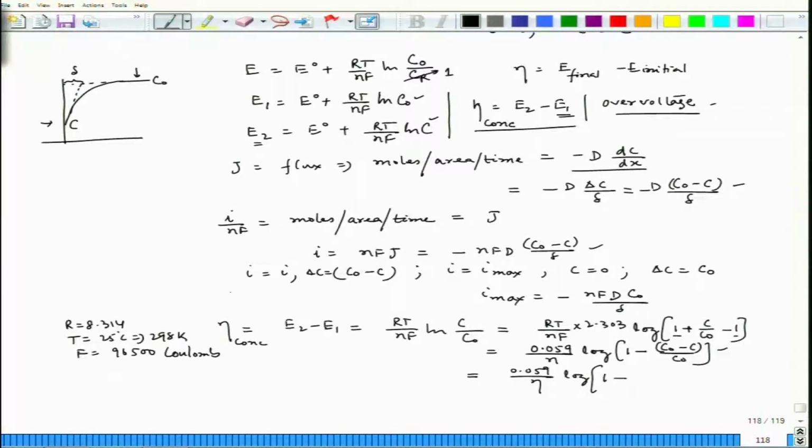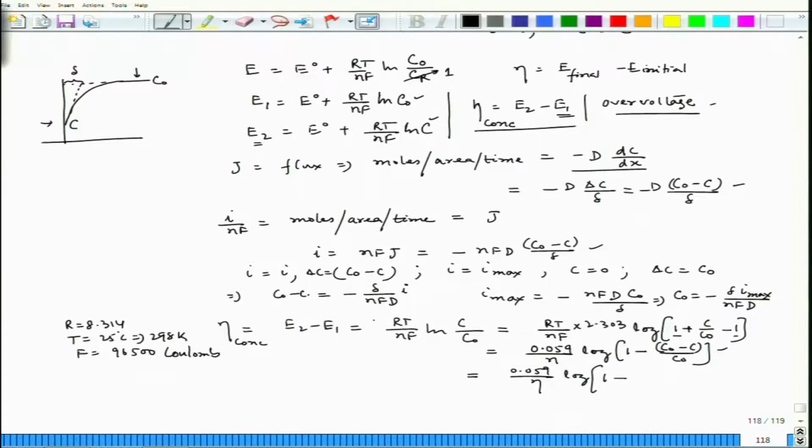So, in this case C0 minus C equal to minus delta by nFD I, and here I can put C0 equal to minus delta I max divided by nFD.